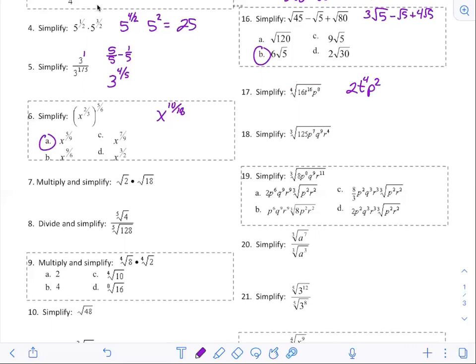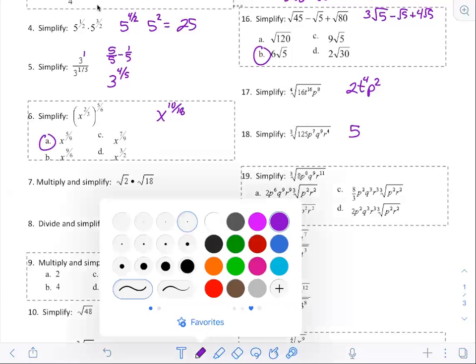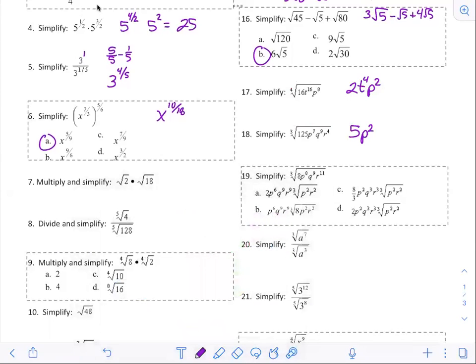Next one, we're taking out our perfect cube. So the cube root of 125 is 5. 3 goes into 7 2 times, it's going to go into 9 3 times, and it's going to go into 4 1 time.